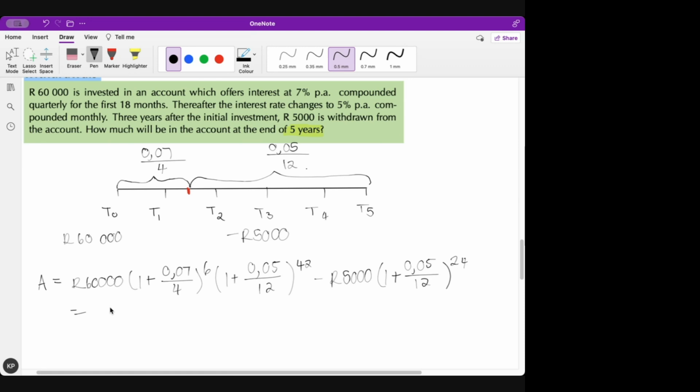Great. I have an amount over here. Please check me on your side. I got 73,762 rands and 19 cents.